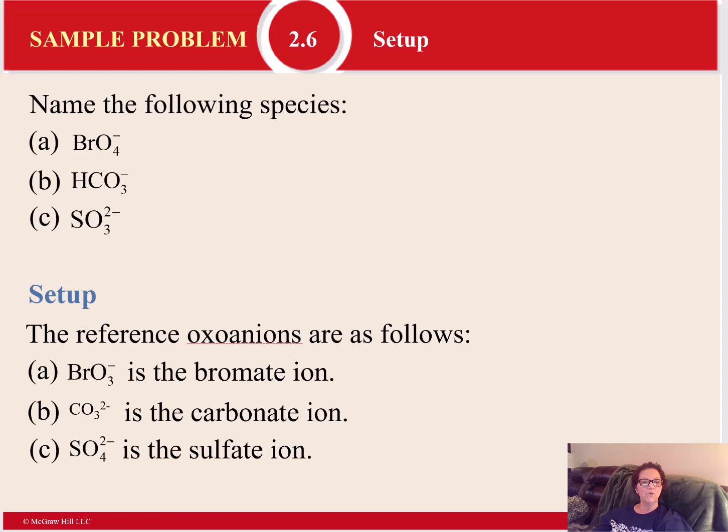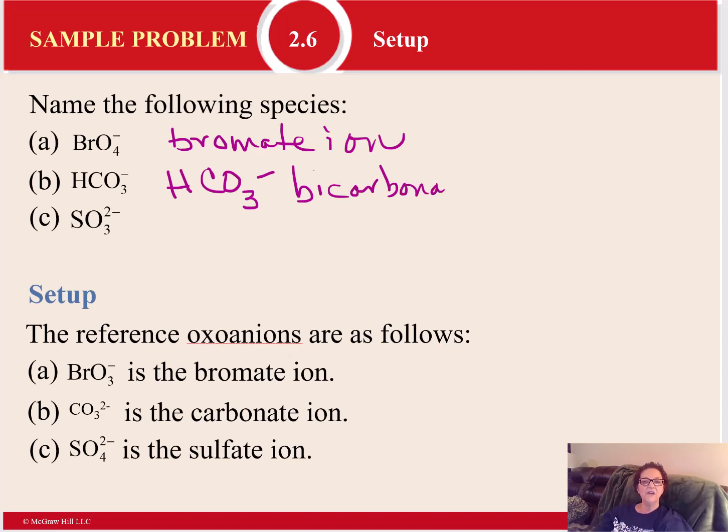So it's easier to just kind of see me do a few of them. Might make more sense. So BrO4- is what we call the bromate ion. This is the bicarbonate ion, bicarbonate, or hydrogen carbonate. If it's just CO3 2-, then that is the carbonate.